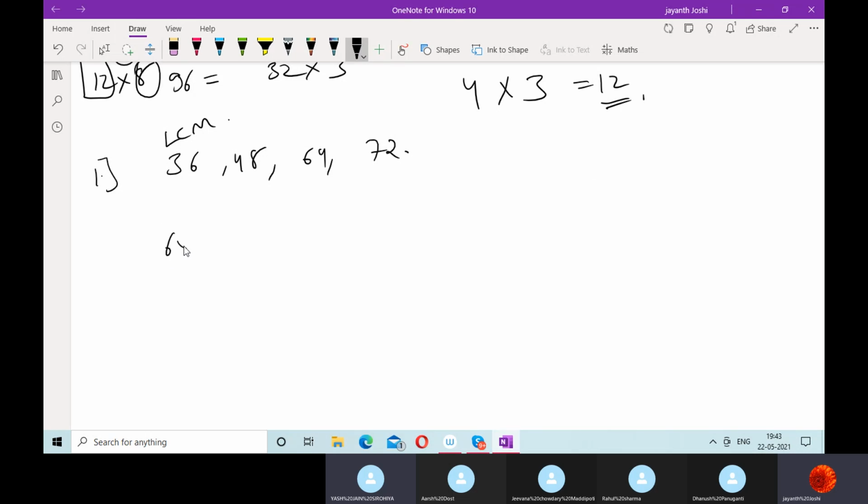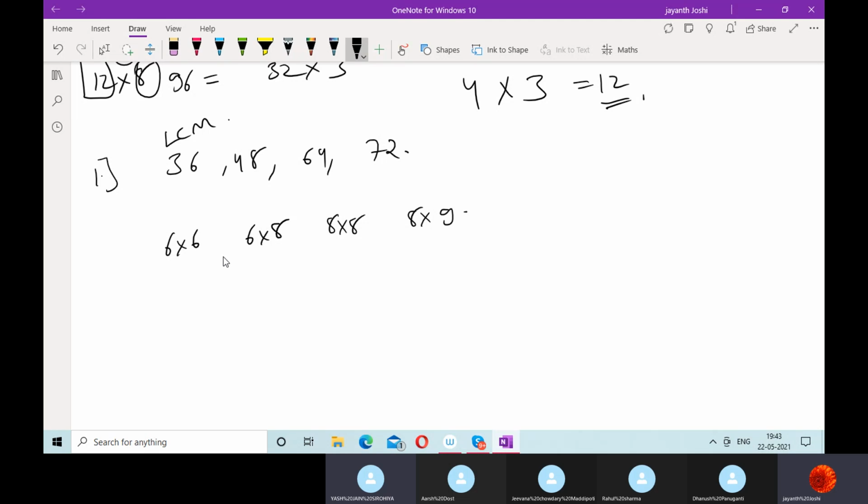See, 36: 6 into 6, 6 into 8. And this one we can write what? 8 into 8, 8 into 9. Correct? Correct or wrong? Correct, sir. But what is happening is there is nothing common that we can take.